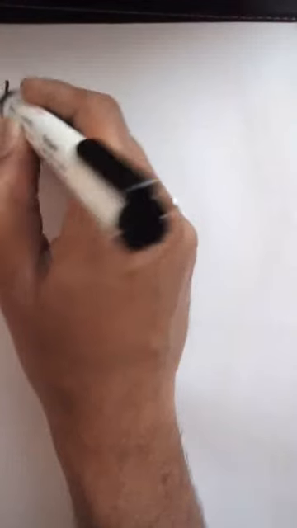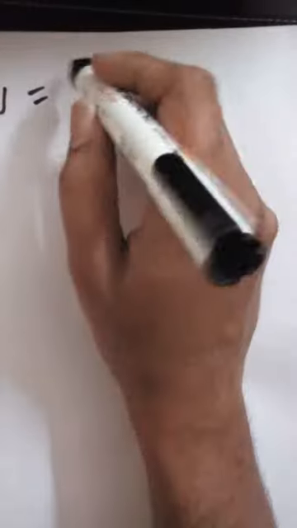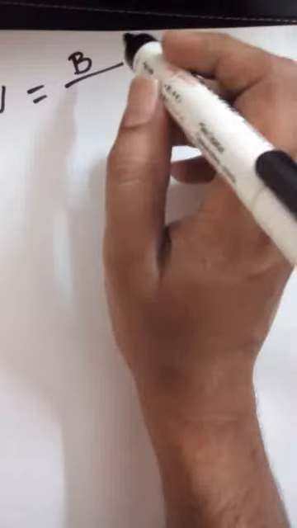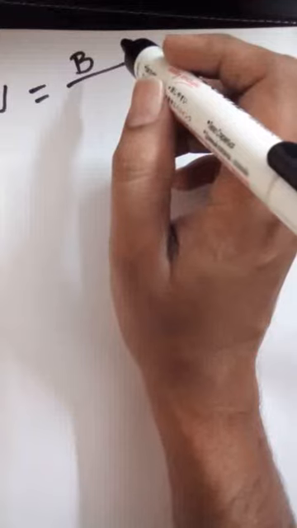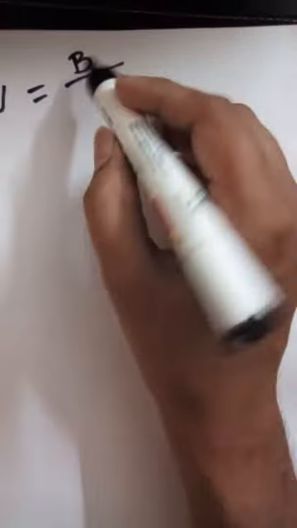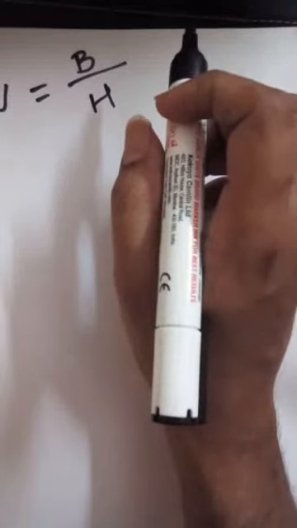Magnetic permeability is represented by mu, and magnetic permeability is nothing but the ratio of magnetic induction B to the external applied magnetic field strength.